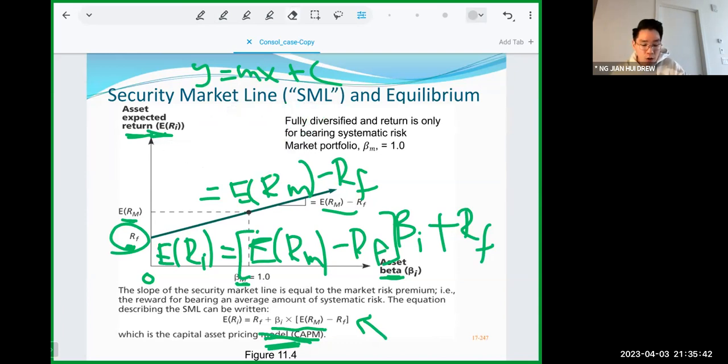It means that we need to assume a fully diversified portfolio that is only bearing systematic risk, because it means that the security would fall on the gradient given by this. All right.